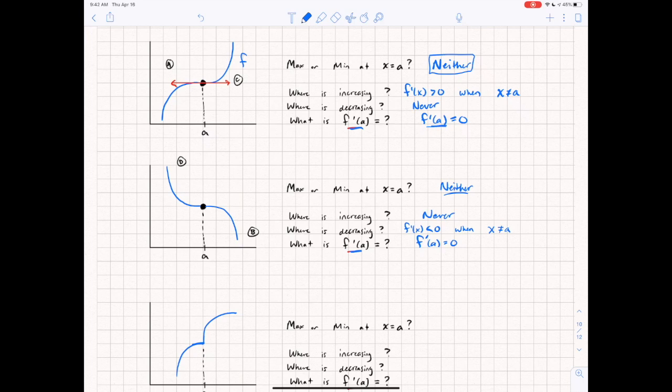Right, this cubic, if you were to imagine drawing this, when you sketch it, your pencil will go flat for the briefest of moments, and that briefest of moments is enough to get this result. But again, just because the derivative is equal to 0 at this point doesn't mean I have a max or a min, right? Just because the derivative is equal to 0 doesn't mean I have a max or a min.